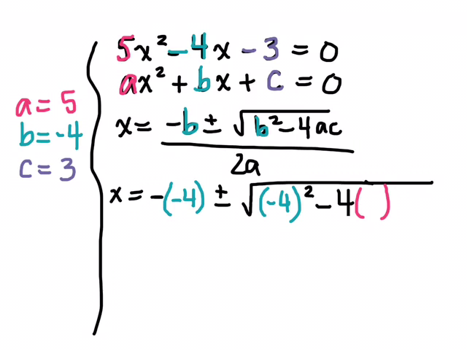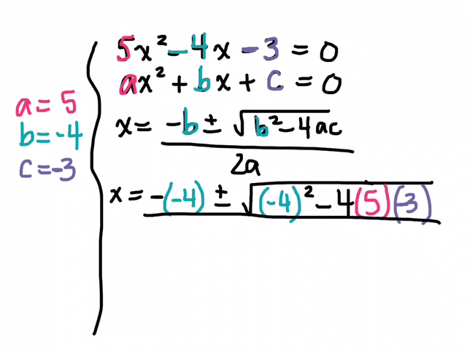Multiplication. So times a, what's a? Times c. No, isn't it a positive 3? Oh, sorry, it is a negative 3. I forgot to write negative there. Thank you. Negative 3. Oops, I didn't catch that. Thank you. Divided by 2 times a, and a is positive 5.